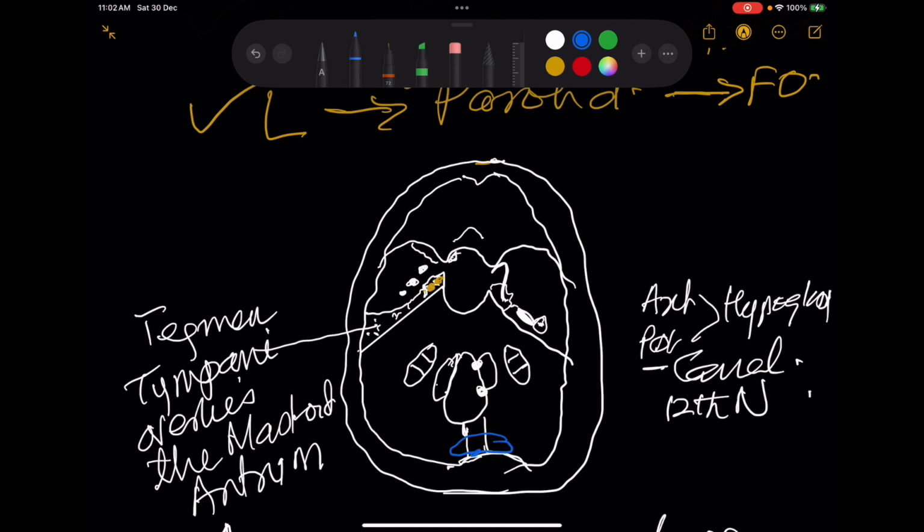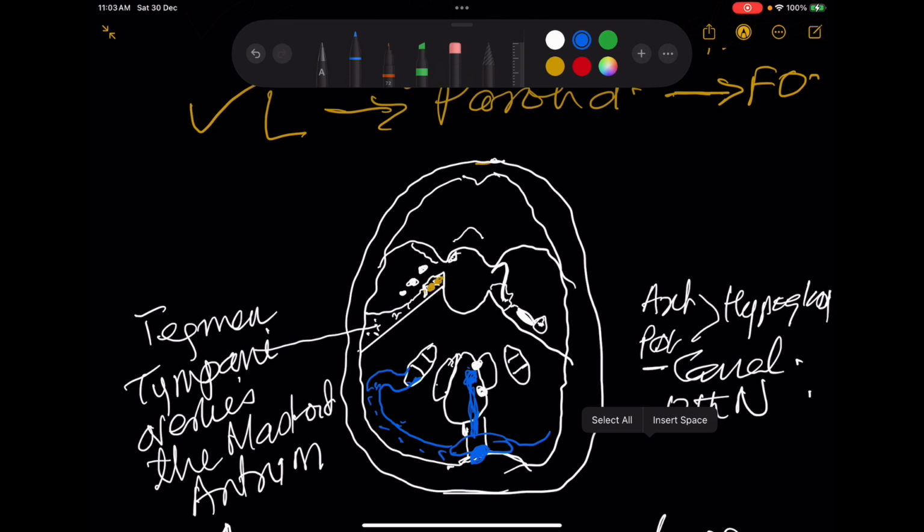The superior sagittal sinus, the great cerebral vein of Galen coming from the inferior sagittal sinus. It drains into the transverse sinus. So this is the transverse sinus, which goes into the sigmoid sinus like this and becomes the internal jugular vein. So this is the superior sagittal, the inferior sagittal sinus connecting is the great cerebral vein of Galen.